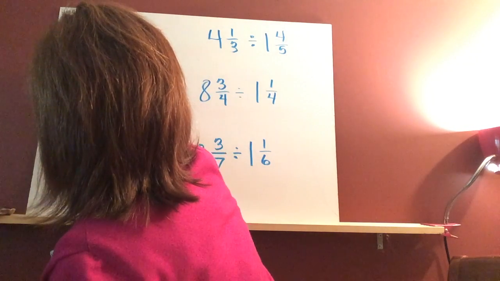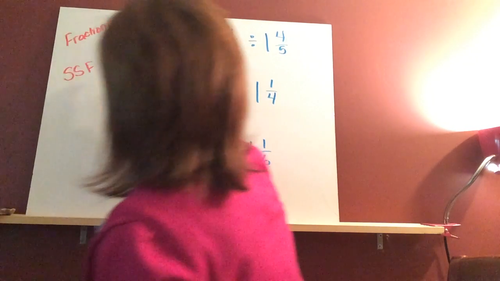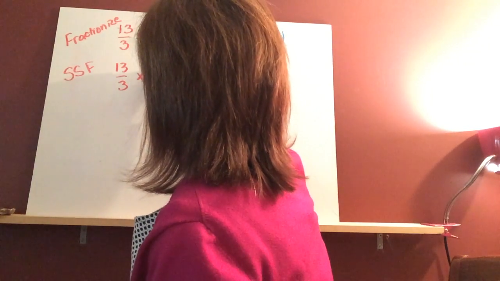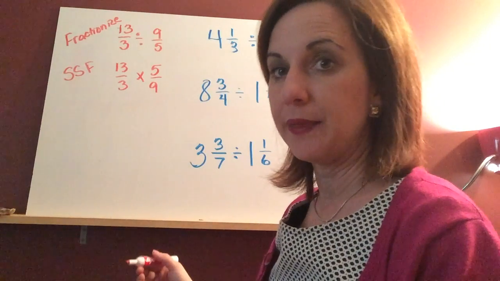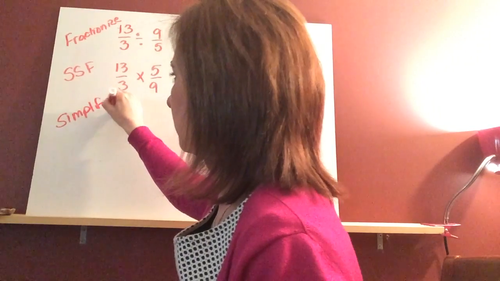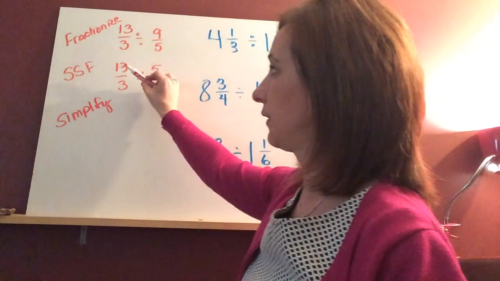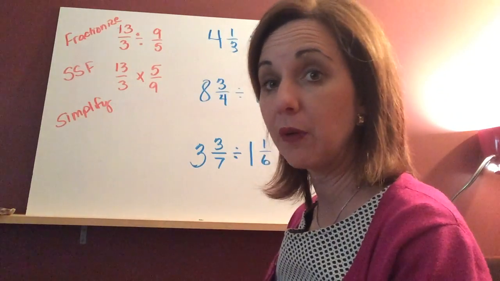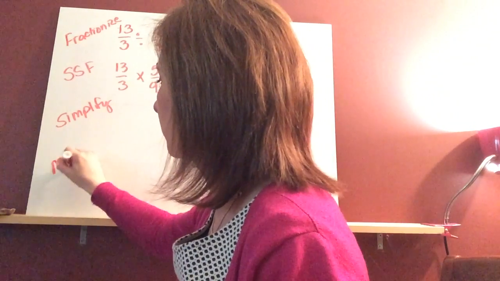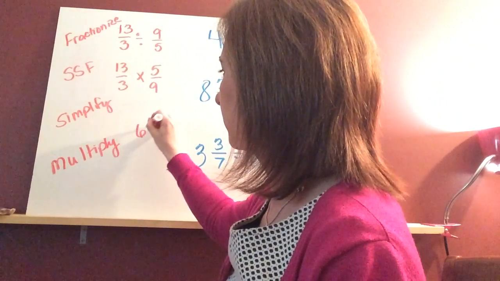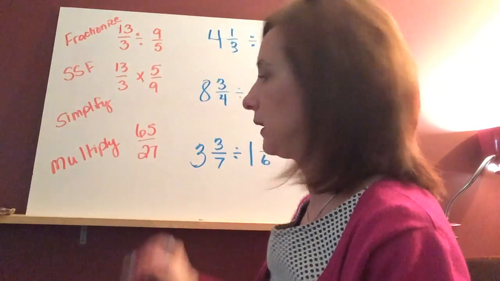Now we're going to stay, switch, flip. 13/3 times 5/9. And then we're going to look to simplify, which 13 and 9 and 3 and 5 have no common factors other than 1, so we don't have anything to simplify. And then we're going to multiply. 13 times 5 is 65, and 3 times 9 is 27.